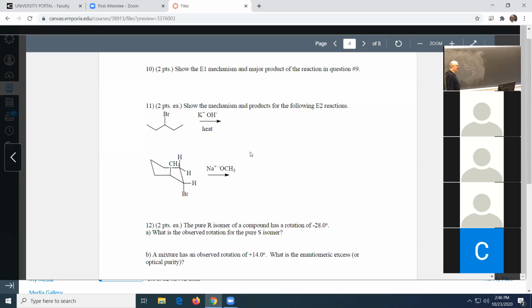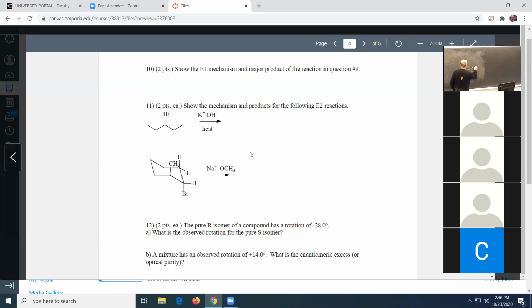Right, this is an E2, so the hydrogen and the halogen have to be anti to each other. There is a beta hydrogen over here, but this hydrogen and this bromine are gauche to each other. They're not anti. Okay, so only this one could be removed.